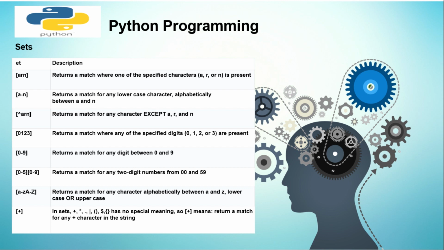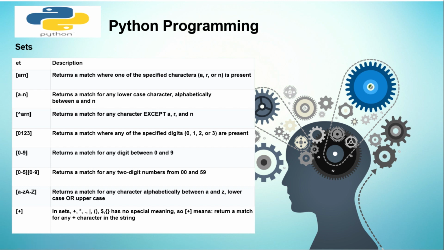So this is what it is. The A to N gives you a match when one of the specified characters is present, alphabetically between A and N. Remember what I said: with the caret, it returns a match for any character except A to N. The 0, 1, 2, 3 is a match for any of those digits.